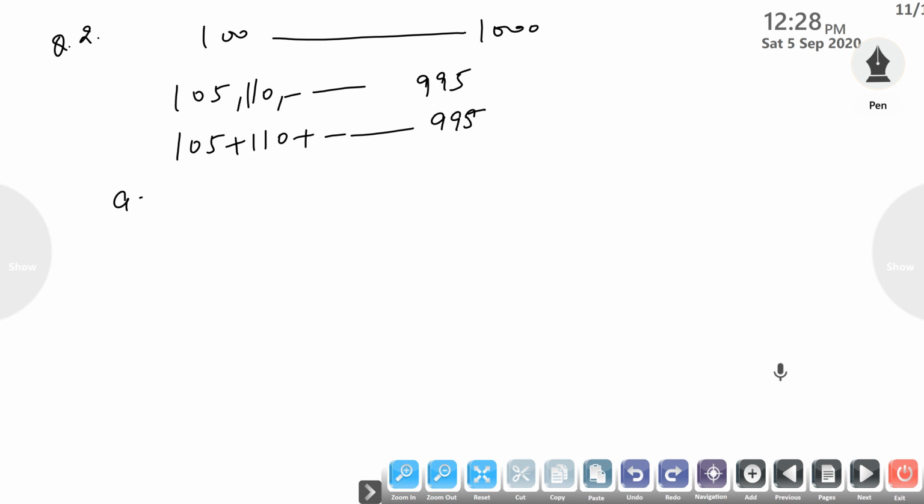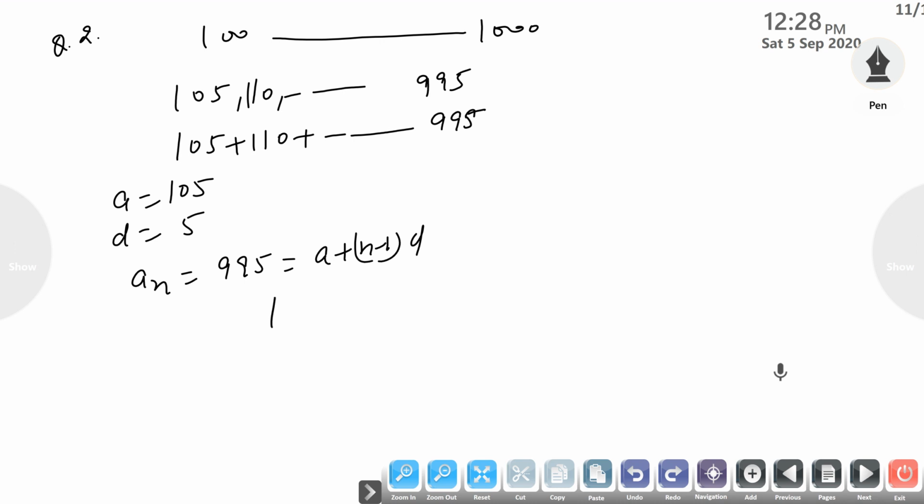Then A, the first term, is 105 and common difference is 5, and nth term An is 995, which is equal to A plus n minus 1 into D. We have to find the value of n, how many terms in this sequence.